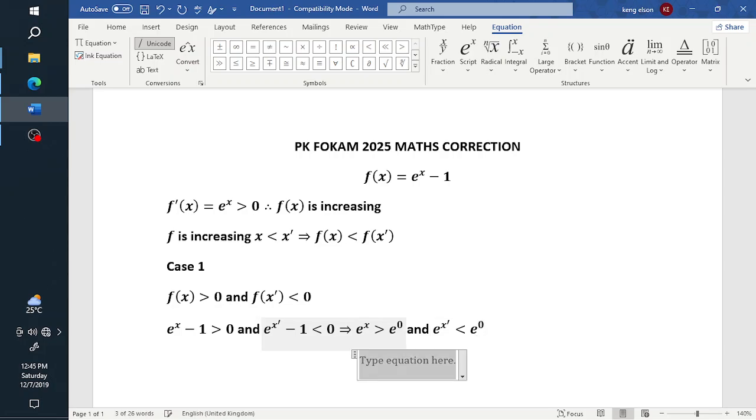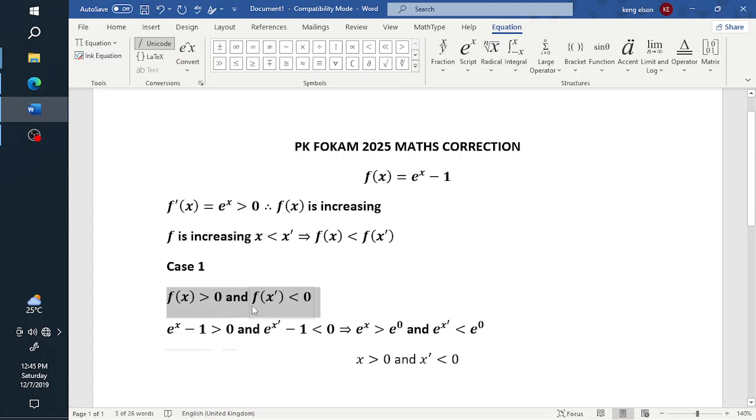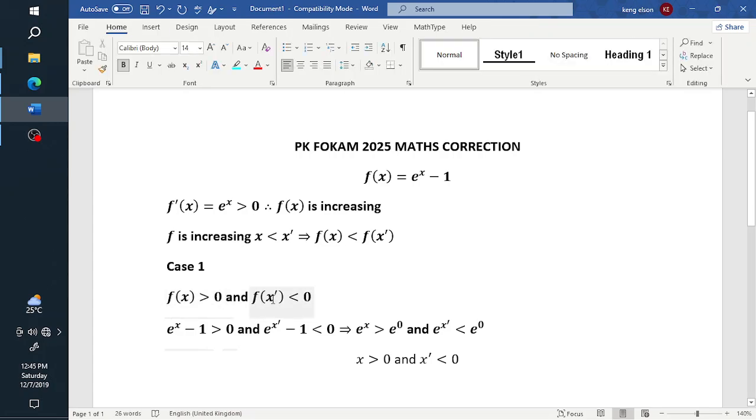Since all the bases are bigger than 1, I'm just going to get, for the first case, x greater than 0, and for the second case, x prime less than 0. So in our first situation, when f of x is greater than 0 and f of x prime is less than 0, we have that x is greater than 0 and x prime is less than 0.